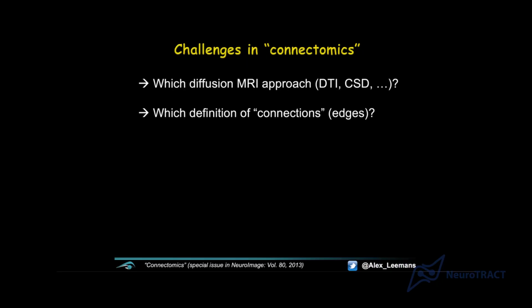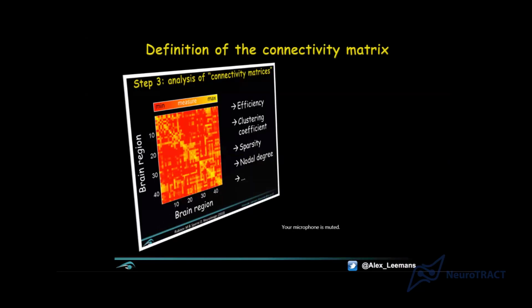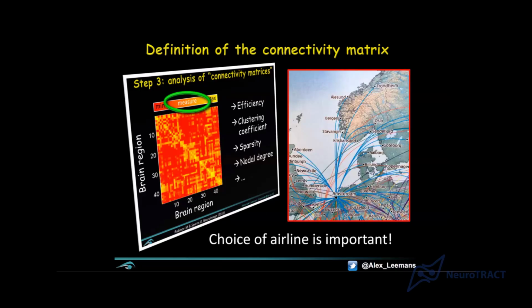Another issue, when we ask how do we define the connections, the edges, I said you could use the binary matrix, right? Is there a connection, or number of pathways, or FA of a bundle connecting these? So there are different definitions, and to some extent, the analogy could be given with the choice of measure depending on which airline you think is important, right?